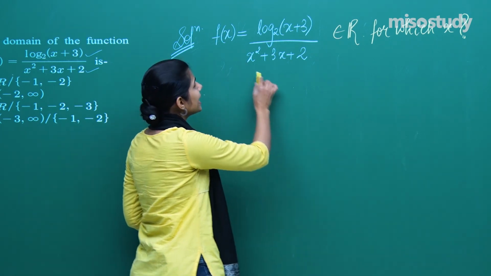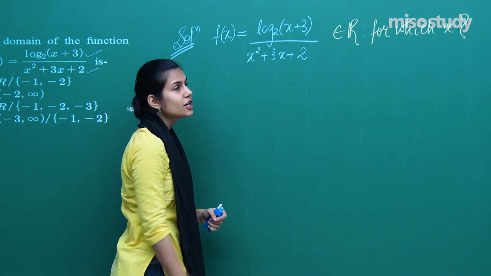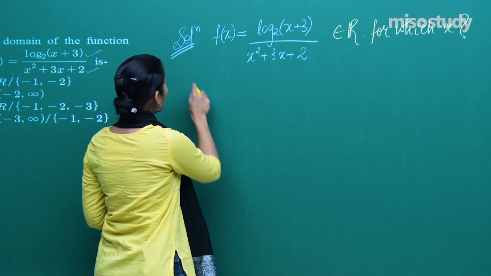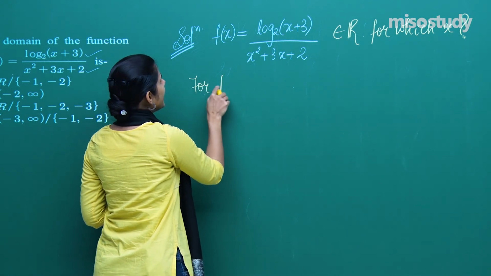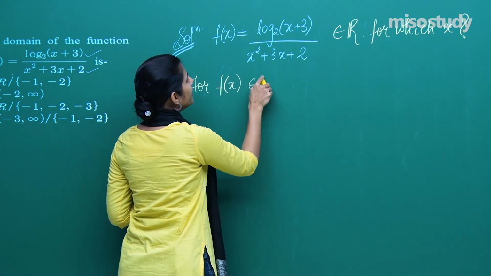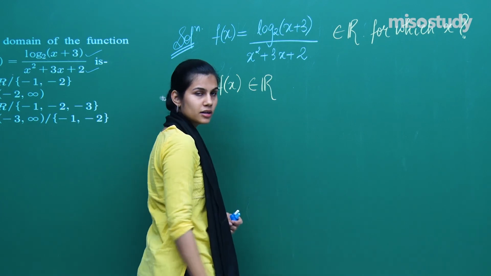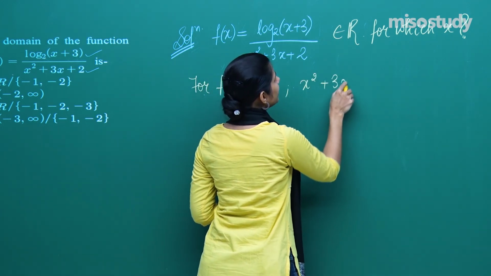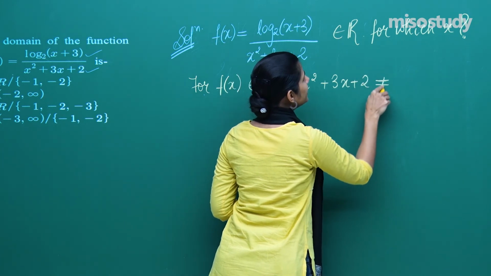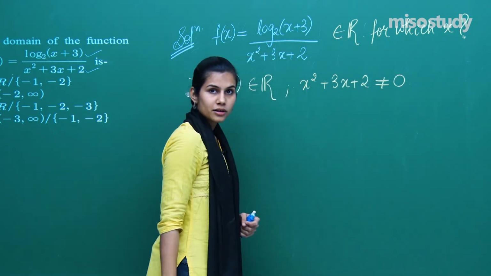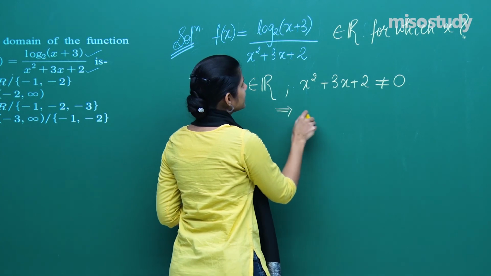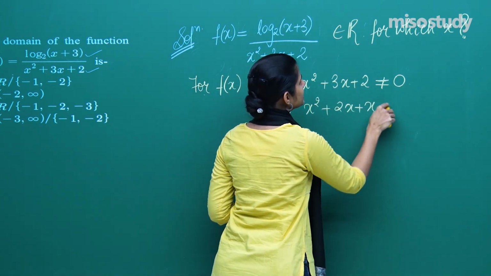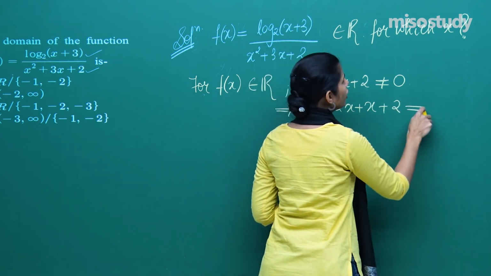Now you know this rational expression is defined only when the denominator is non-zero. So for f(x) to belong to R, firstly x square plus 3x plus 2 should not be equal to 0, which implies x square plus 2x plus x plus 2 should not be equal to 0.